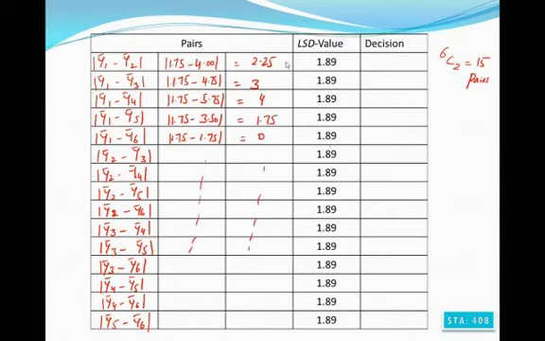For some of the pairs, I am showing some results. The first difference between the first treatment mean and second treatment mean is greater than the LSD value. It means it's a significant difference. Second one is also greater than, third one is also greater than, both are significant.